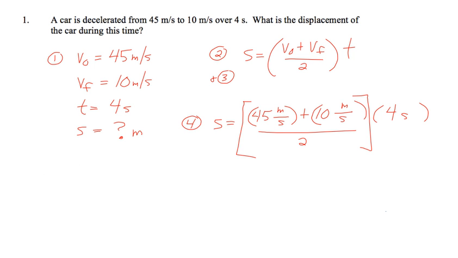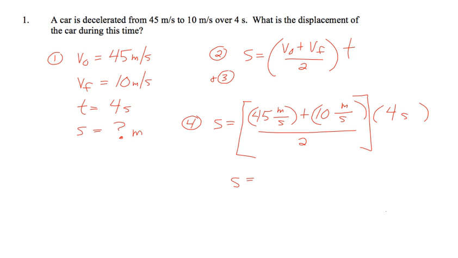Now, once you get to this point, I don't want to see step four part A, and then part B, and part C, because the first thing you're going to do is put that together and then write 55 over 2 times 4. And then you're going to do 55 divided by 2 is a number times 4. Once it looks like this, you should be able to put this in your calculator so you get the right answer. Now, I saw two answers that were common.